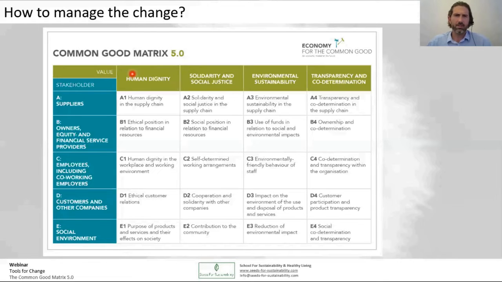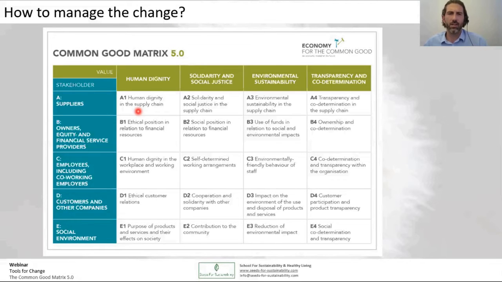Human dignity: later, when you go into the manual of this balance sheet, you will see what is defined as human dignity in a supply chain. For example, when I buy coffee, I have to think of the workers on the plantations who produce and harvest the coffee. What does human dignity mean there? Having a fair salary, fair working hours, and these kinds of things.